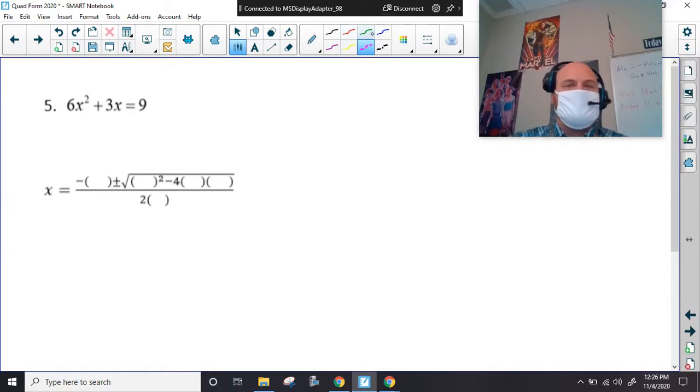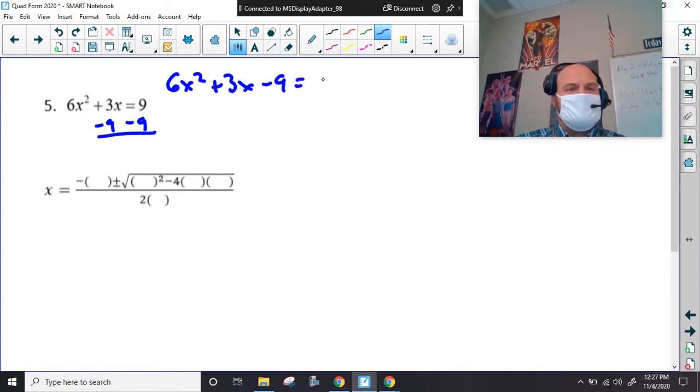All right, so same thing. We can't really do this till we subtract 9. So now we're going to have 6x squared plus 3x minus 9 equals 0. So that means A is 6, B is 3, C is negative 9. This is just a plug and chug.